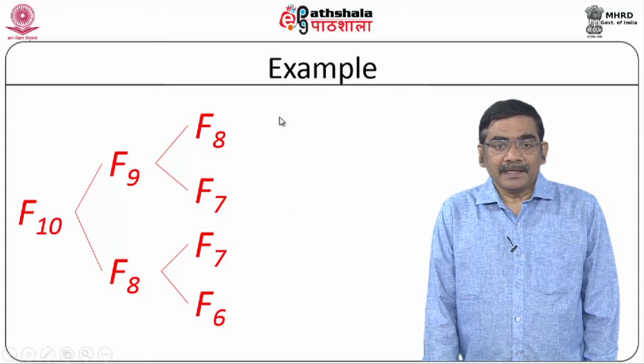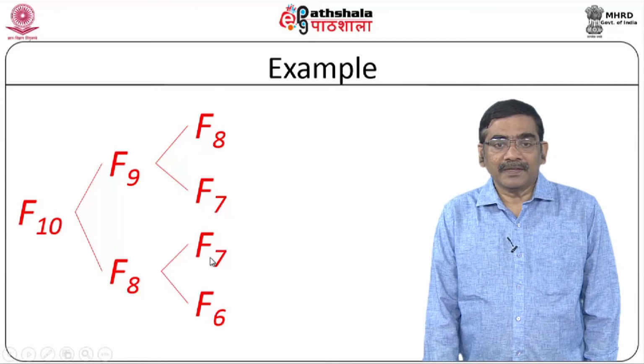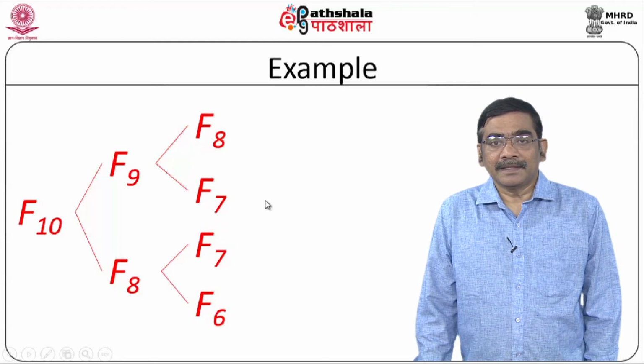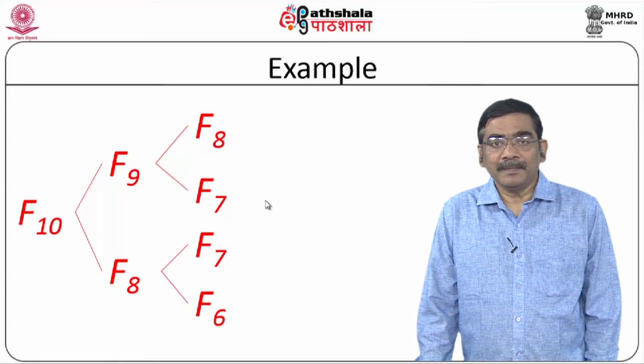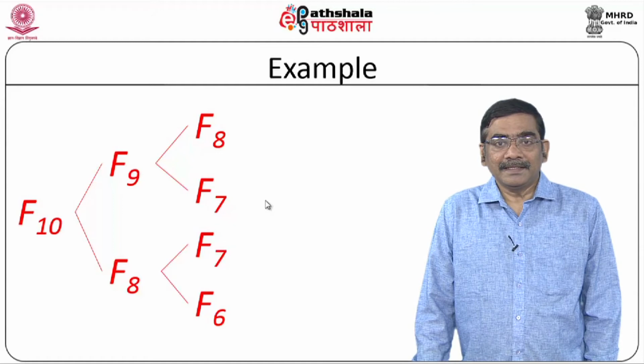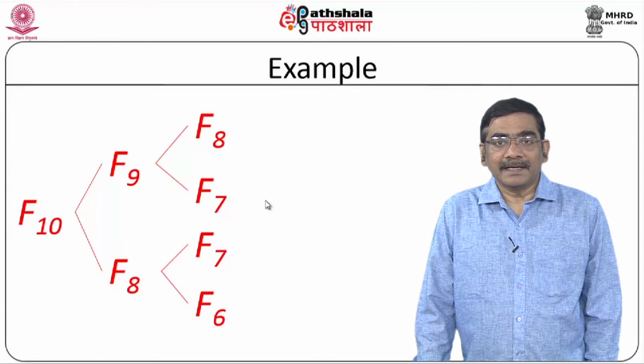You can see in this tree that F7 appears in two places. That means this is an overlapping subproblem and there is a lot of redundancy among the subproblems, so the algorithm keeps on recomputing things again and again.